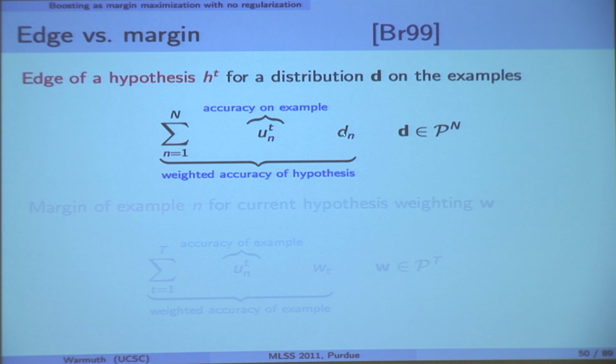And this is the weight. So this is the weighted edge. It's the edge of h_t for a distribution on the examples. It's the weighted accuracy.